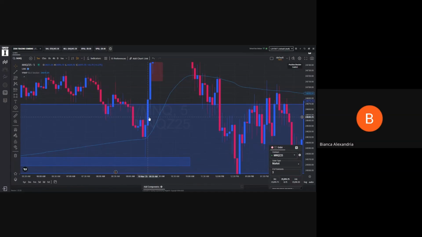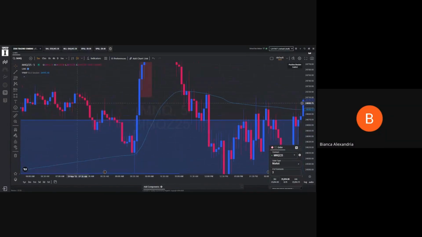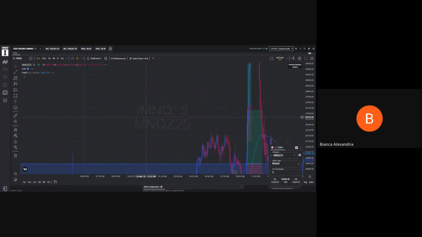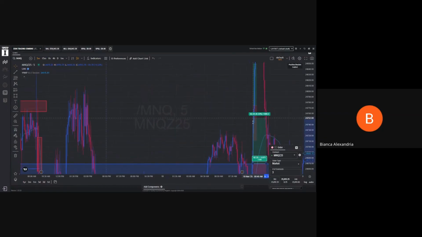So price came, and I would actually like to have seen that it had come back to this wick right here. It didn't quite come all the way down there, but even if we didn't have an entry that was perfect right there, we could have got in for a long here. Let's say there, and then had a 50-point stop, and then taking it to either here, which was the next structural level, or here.